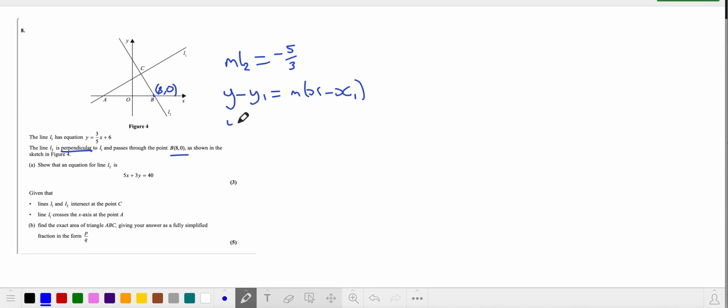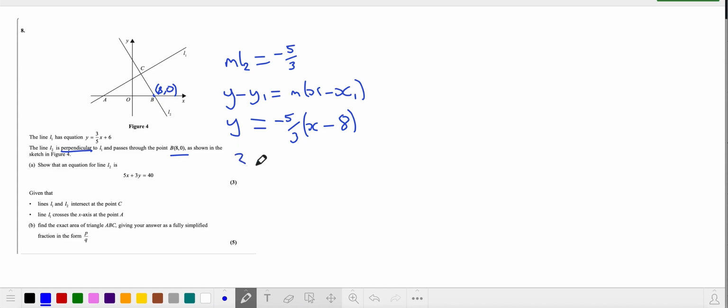So y minus y1, which is 0, so actually y minus 0 is just y, so we'll just leave that as it is, equals minus 5/3 (x minus x1, which is 8).